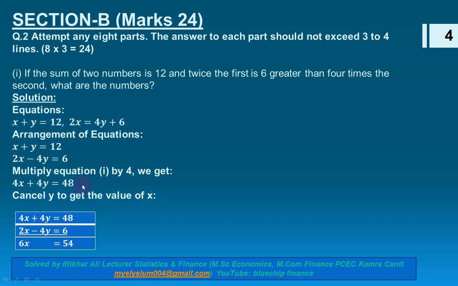So if we multiply equation number 1 by 4, we get 4x plus 4y equals 48, and after that we will cancel y, plus 4y and minus 4y, and the remaining will be 4x plus 2x equals 6x, and 48 plus 6 equals 54, and x will become 54 divided by 6.